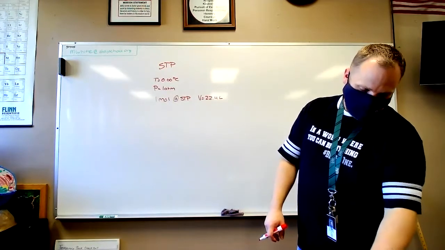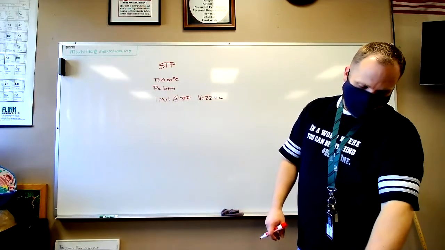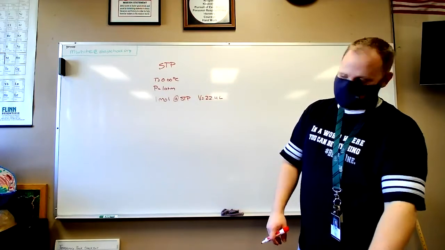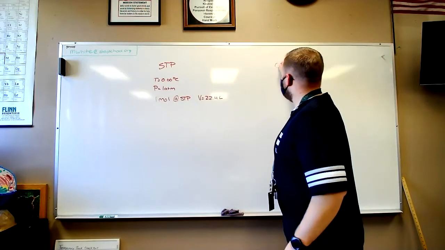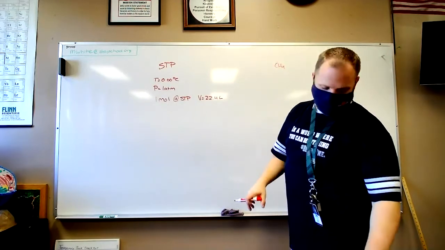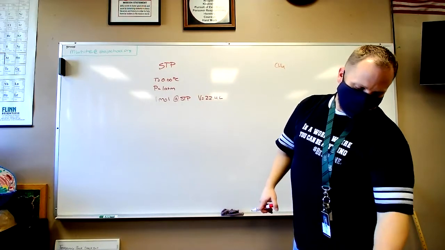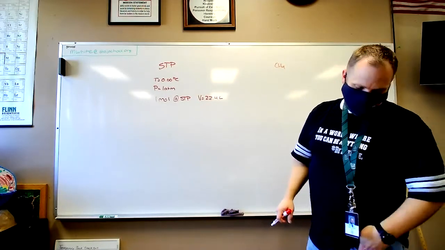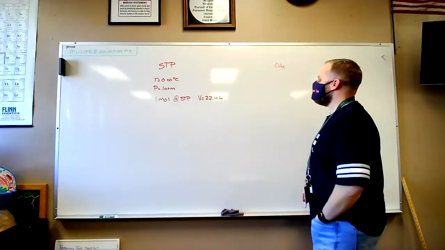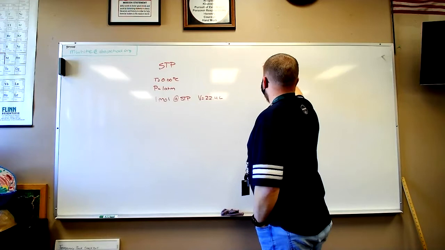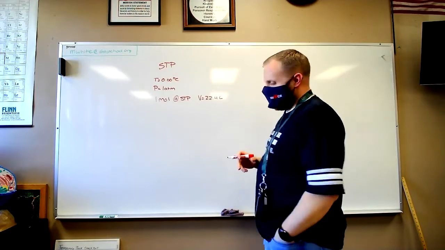So example problem 5. Main component of natural gas used for home heating and cooking is methane, which is CH4. Calculate the volume that 2 kilograms of methane gas will occupy at STP. So we have 2 kilograms of methane.